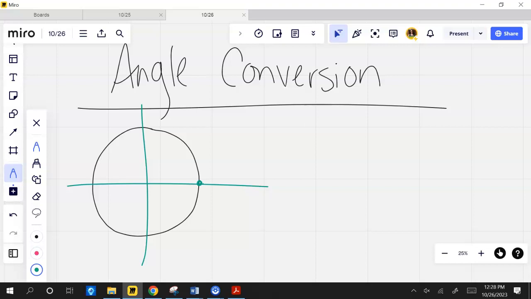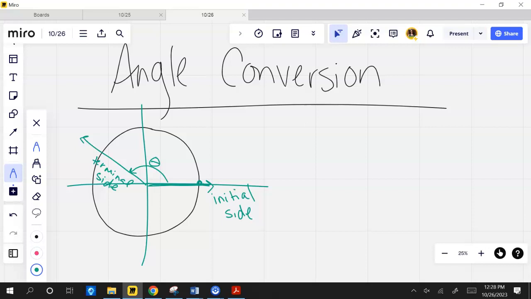From here, having one side, the x-axis, this is one ray that makes up my angle. I am going to call it the initial side. As I loop around to some other side, we will call this the terminal side. My angle is measured from the x-axis to this point here, and we refer to this as theta.